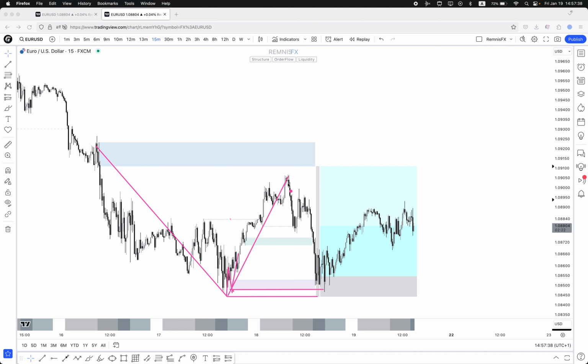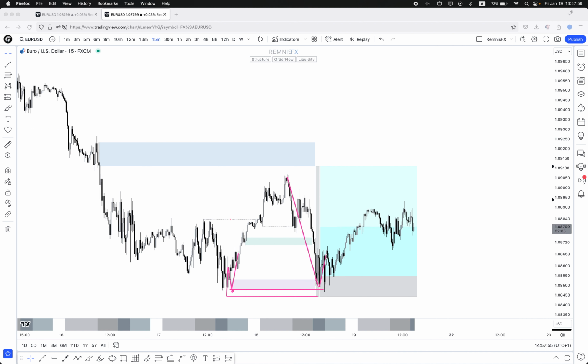After price missed our area of interest, where I expect price to continue down at some point, it came and reacted from that area.